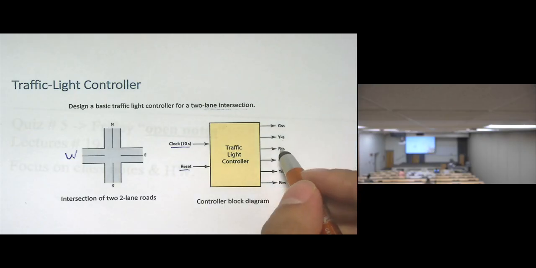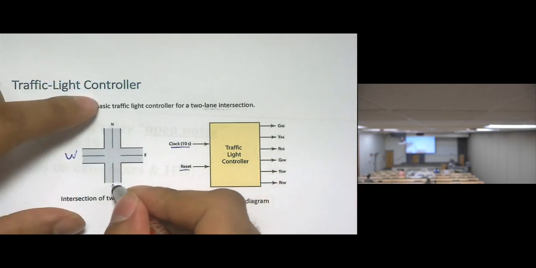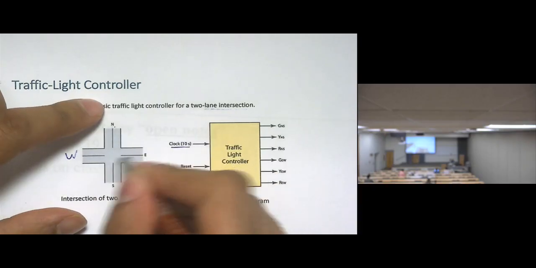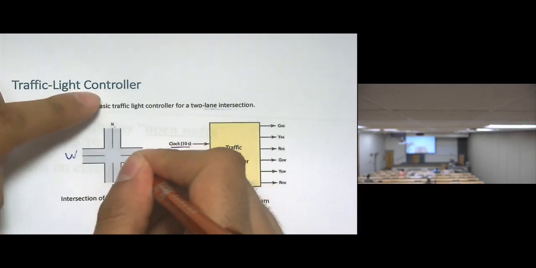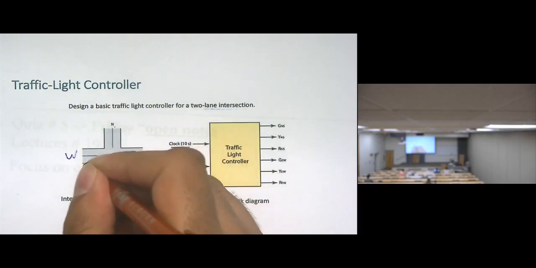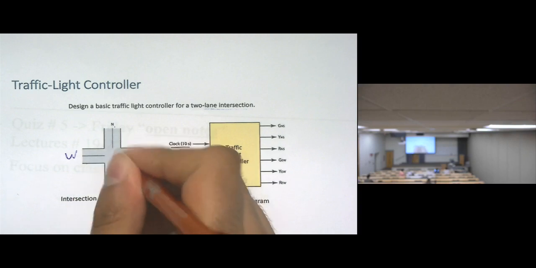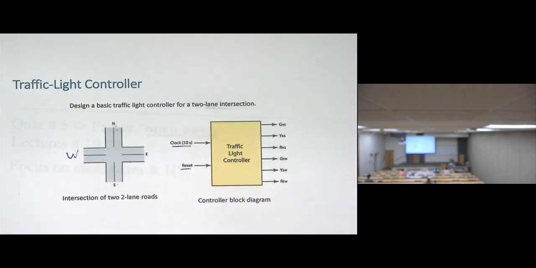So how many lights do we have? Since we have south, north, west, east, the traffic lights of east and west will be the same, and south and north are the same as well. They're all the same lights. We will not assume there are any arrows like green arrows.